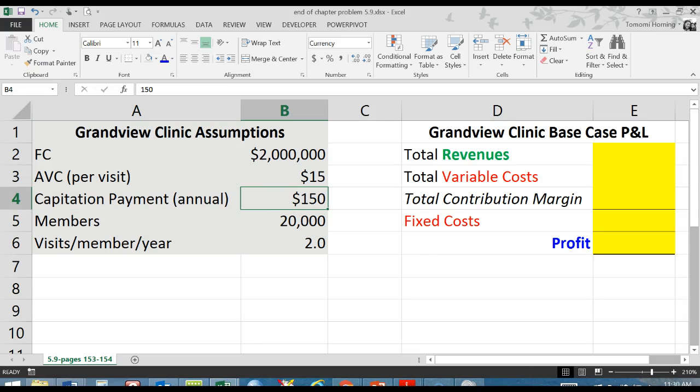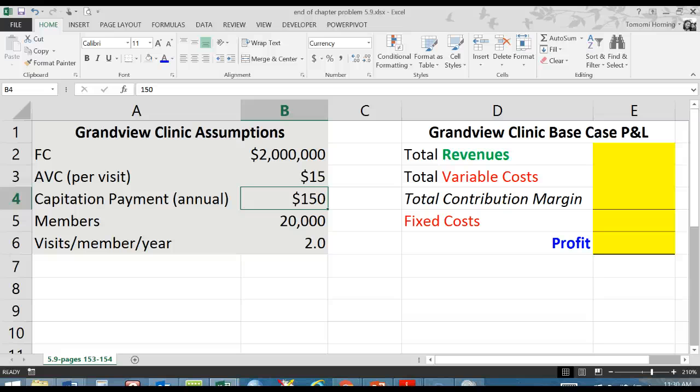So here this means that regardless, in the Grandview Clinic's case example, it's $150 for the entire year. So it doesn't matter how many visits any one of the patients that Grandview Clinic cares for comes in for, Grandview Clinic is still going to get paid $150.